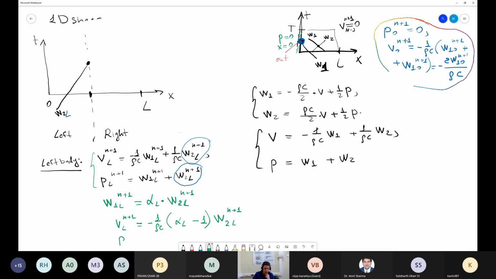And for pressure at the boundary, we'll substitute here lambda L plus 1 multiplied by the same value W2 L n plus 1.